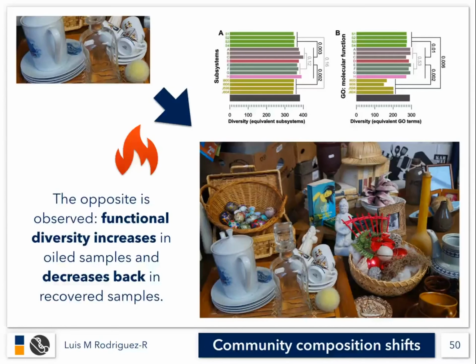Basically, that's like saying that instead of taking the passports of these passengers, we took the objects in their luggage, classified them, and measured the diversity. What we see is that before this catastrophe, there was a low diversity of objects. After the catastrophe, there are fewer nationalities, but a higher diversity of objects.